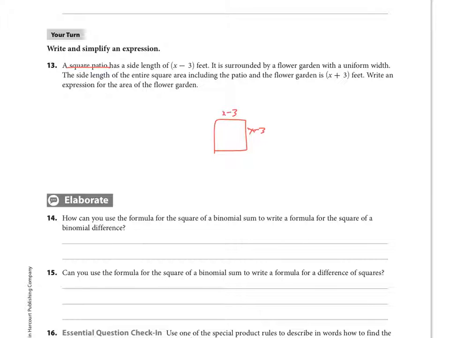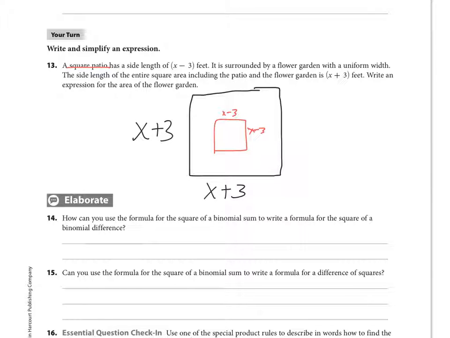Now, what it's surrounded by is this flower garden of uniform width. Now, what it's asking us to find, well, first of all, it says the side length of the entire square area that includes the patio and the flower garden is x plus 3. So this is all x plus 3.